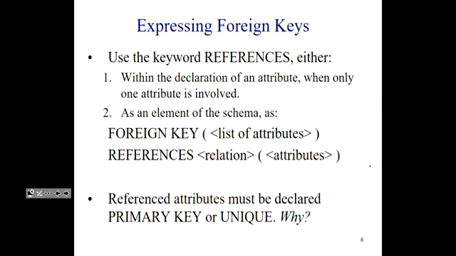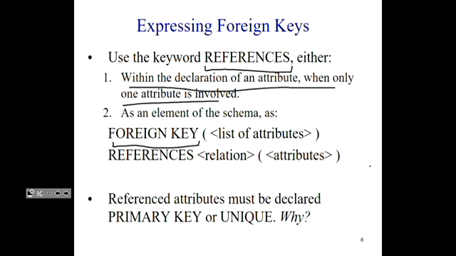So the way to define a foreign key is using the keyword references along with the keyword foreign key. So you can either have foreign key within the declaration of an attribute when only one attribute is involved, or as an element of the schema. So this is once again very much like primary key and unique, right? So you've seen the definition of primary key and unique, and if you had a primary key or unique on a single attribute, you list it as part of that attribute.